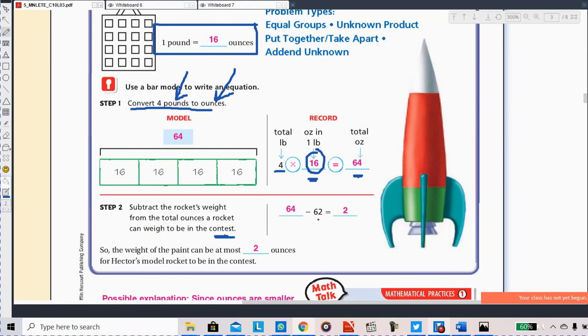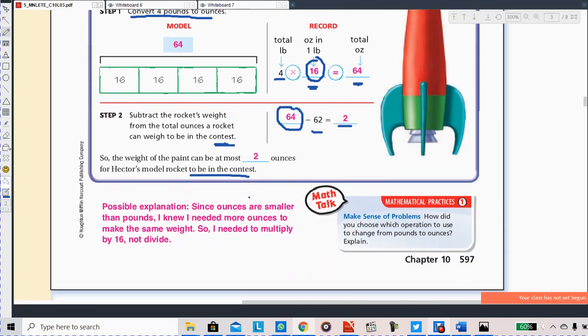So we subtract 62 from 64, which equals 2. So the weight of the paint can be at most 2 ounces for Hector's model rocket to be in the contest. Okay, let's move to the next page.